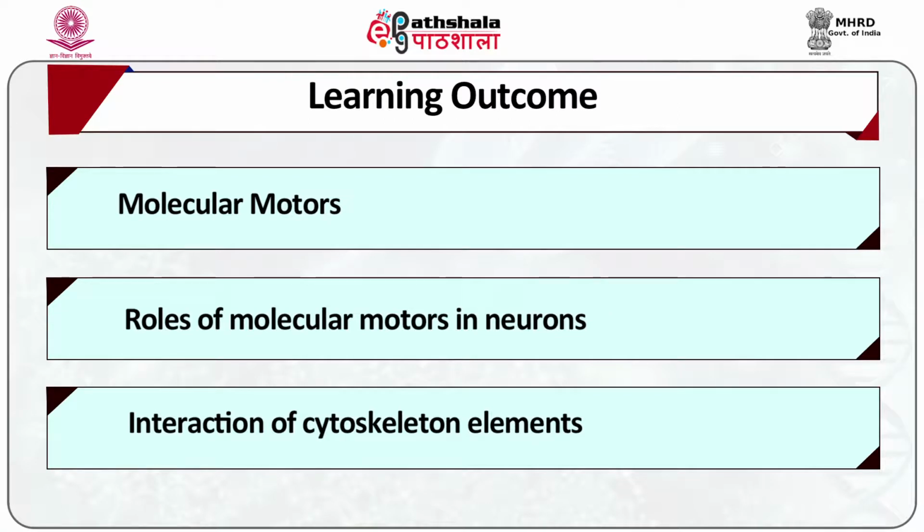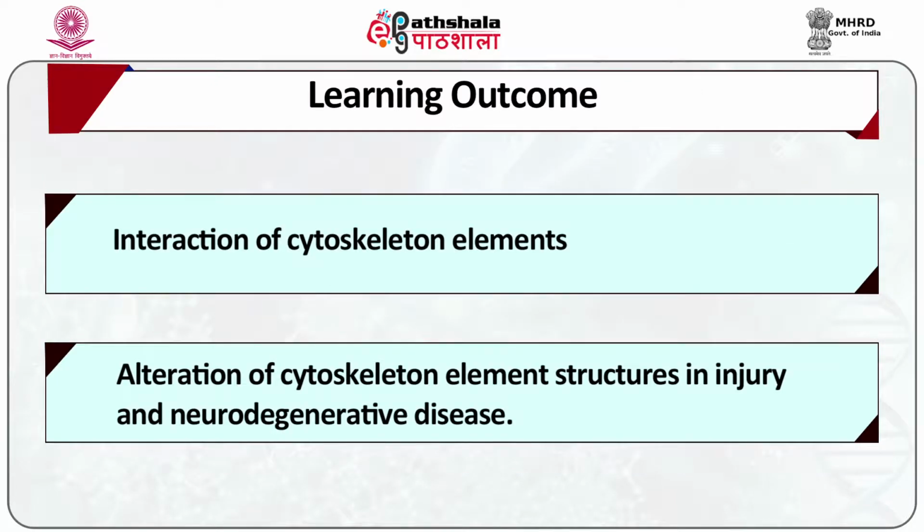We are also going to learn about the molecular motors, the motor proteins which are associated with microfilaments and neurons, and motor proteins associated with microtubules, the role of molecular motors in these neurons, then interaction of the cytoskeletal elements, especially in the neuronal connections and in the glial cells, as well as alteration of cytoskeletal elements in injury and neurodegenerative diseases.